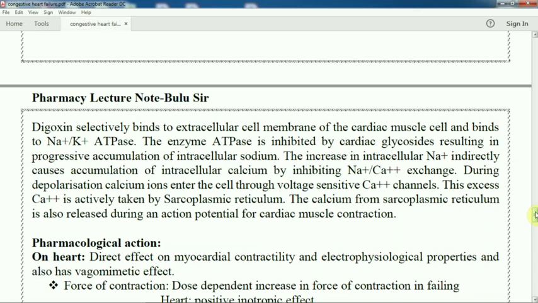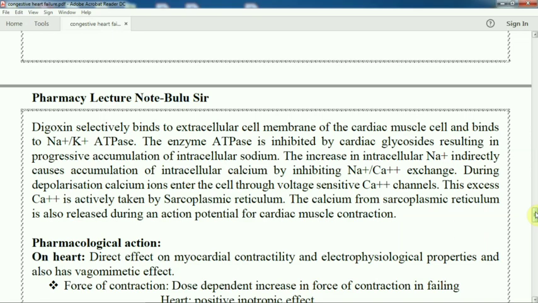During depolarization, calcium ions enter the cell through voltage sensitive calcium channels. This excess calcium is actively taken up by the sarcoplasmic reticulum, and the calcium from the sarcoplasmic reticulum is released during the action potential. As a result, cardiac muscle contraction.